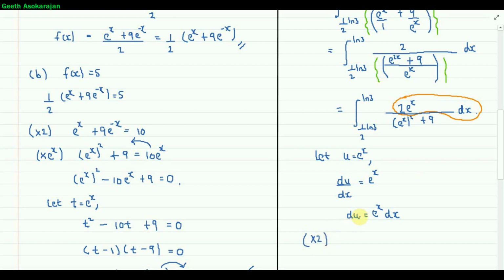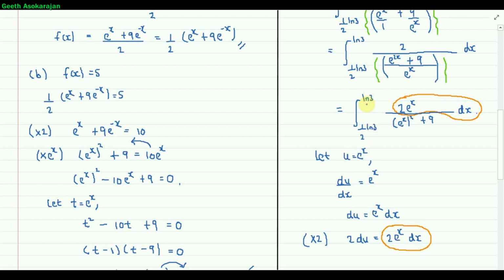So 2 times du is 2 du, that is equal to 2 times e to the x dx, which is 2e to the x dx. So that is exactly what I have over here. So by the method of substitution, we can replace this whole term here by a 2 du, and I can replace the e to the x by u.